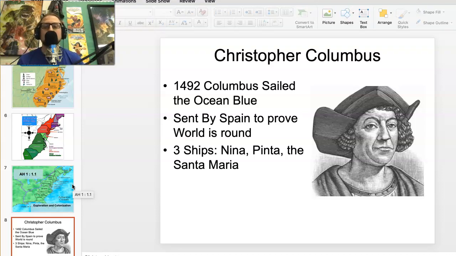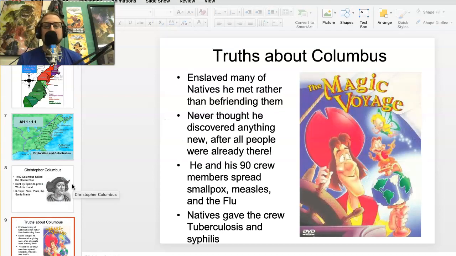Now, Columbus was an Italian, but he was actually sent by the Spanish to find the New World, and really to set out and prove that the earth is round and not flat. However, Christopher Columbus was not really a good person, as he's been mythologized to be throughout American history over the decades.